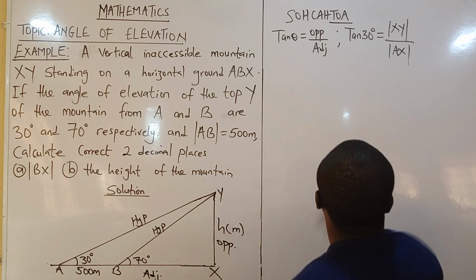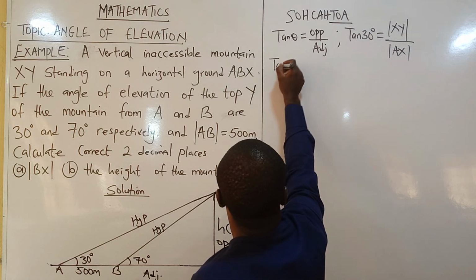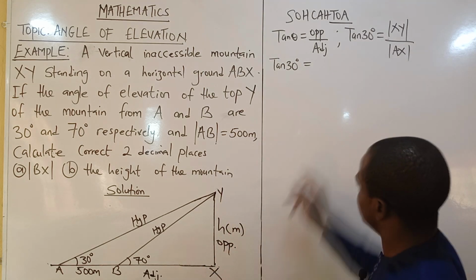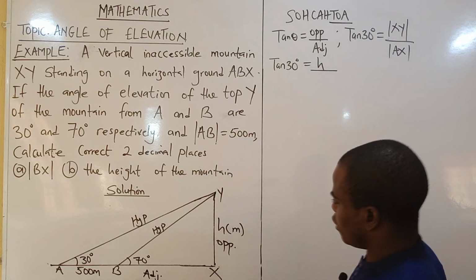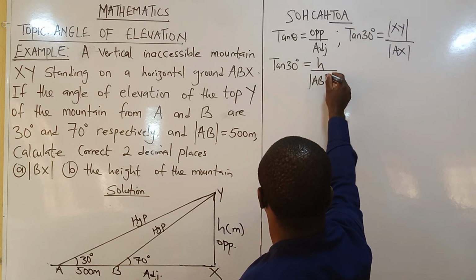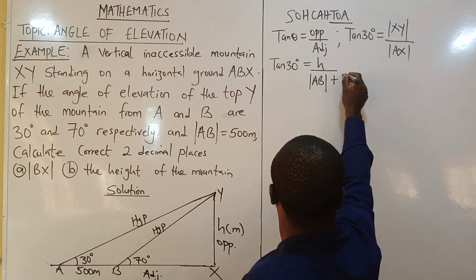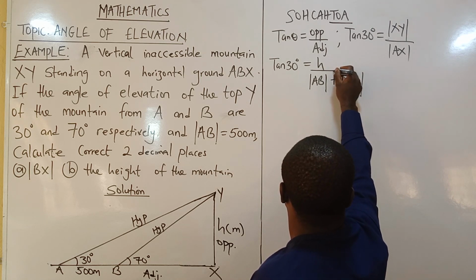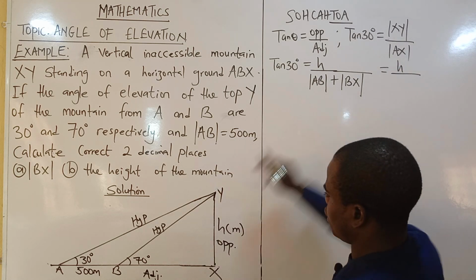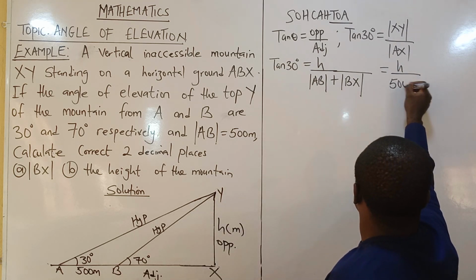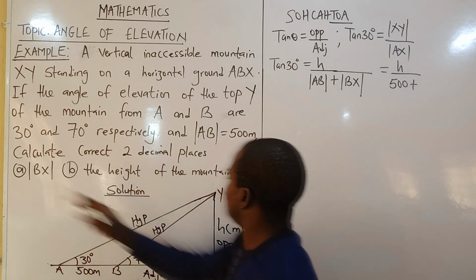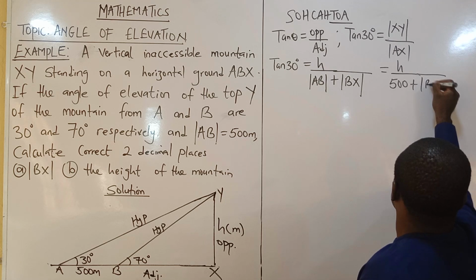Now you have tan 30 degrees equals line XY, which is H, over this line, that's line AB plus line BX. Which is H over 500 plus line BX, which is unknown, and that was how to look for line BX.